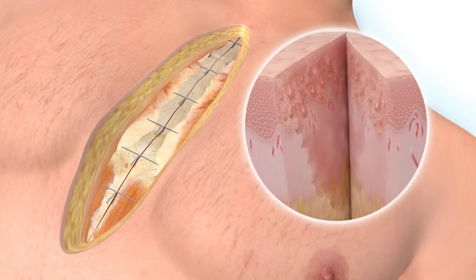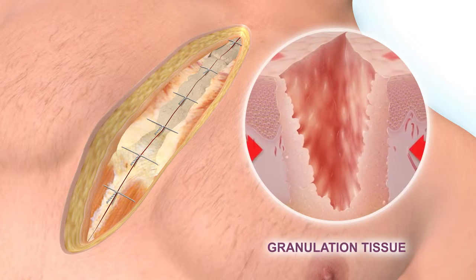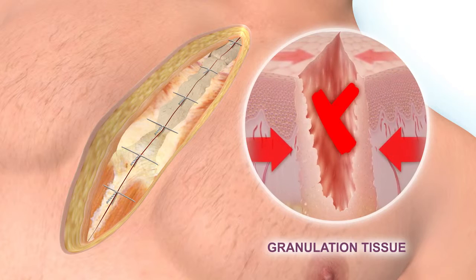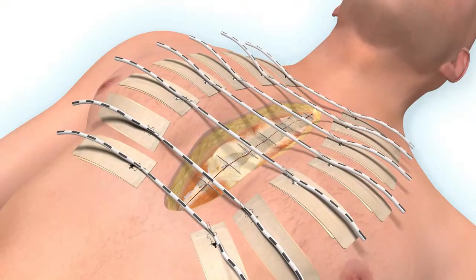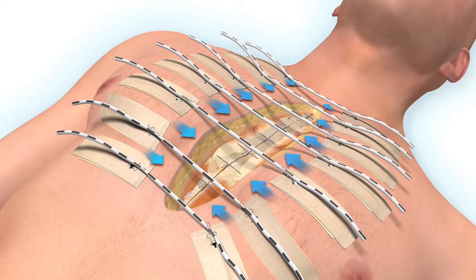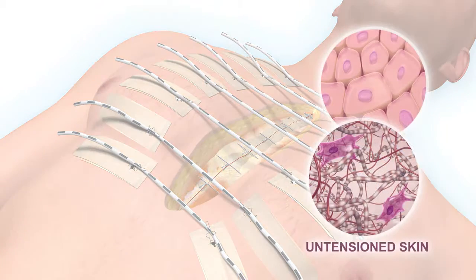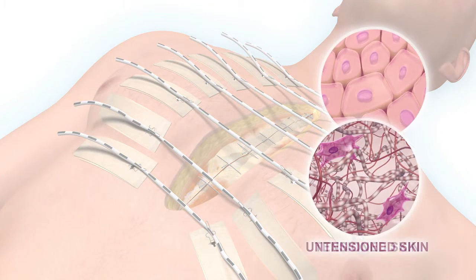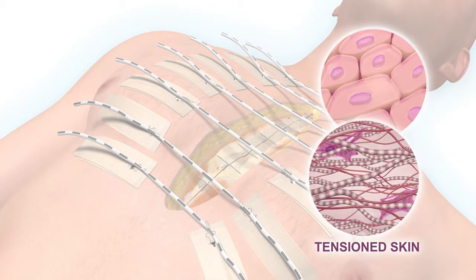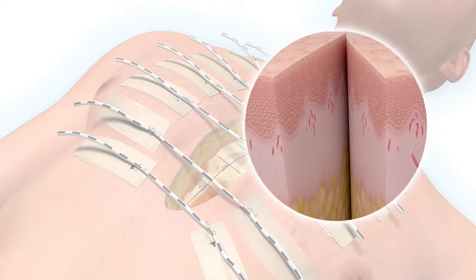Rapid proliferation of granulation tissue locks the wound edges and prevents further movement, making reapproximation increasingly challenging. Southmedic's dynamic tissue systems apply a dynamic appositional tension that counters these retraction forces. Early application of this system restores the skin's normal elastic tension and minimizes granulation, preventing a chronic wound state.